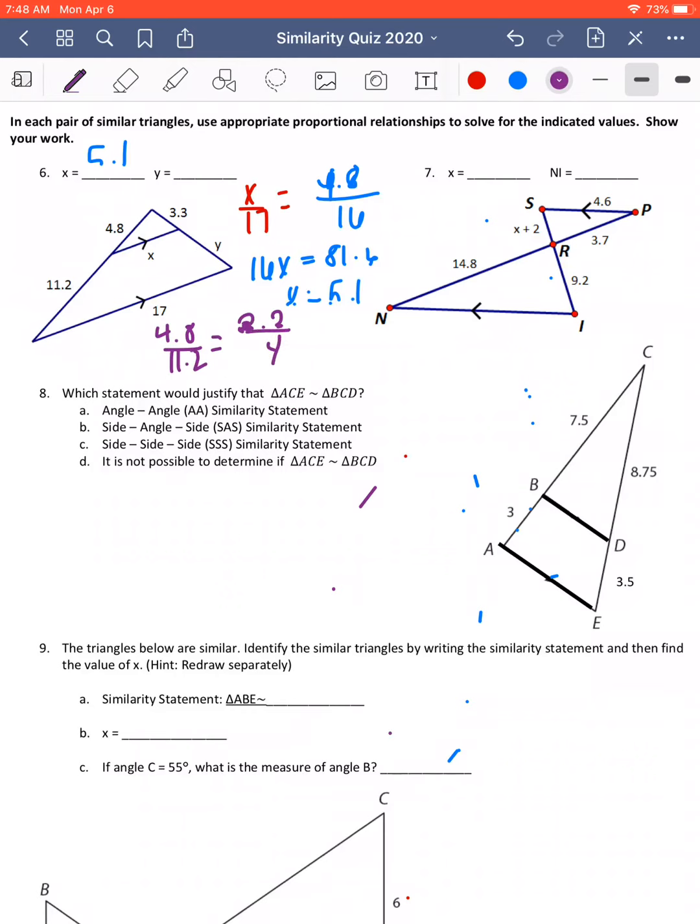And I would cross multiply. So I'd have 4.8y equals 11.2 times 3.3, which is 36.96. Divide by 4.8. Y equals 7.7.